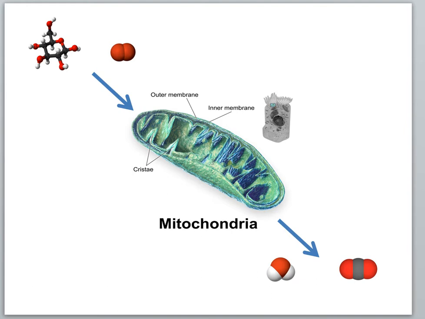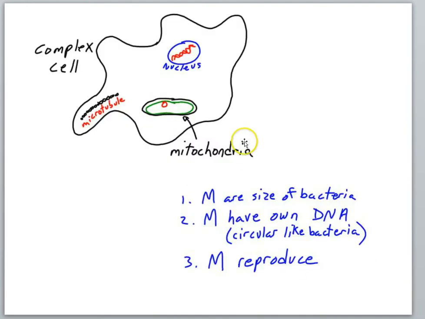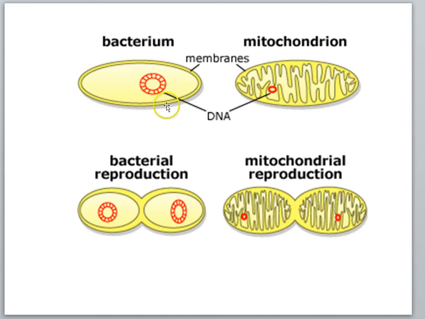But here are some interesting facts about mitochondria as well. So here we see a complex cell. Here are mitochondria. Turns out that mitochondria also are the size of bacteria. They also have their own DNA, and it's circular, like bacteria species today. And mitochondria also reproduce inside the cell, just like chloroplasts do.